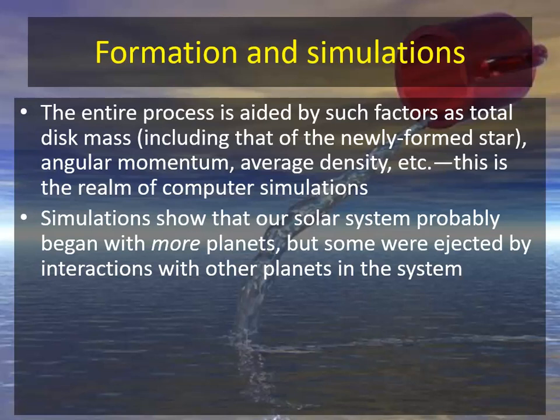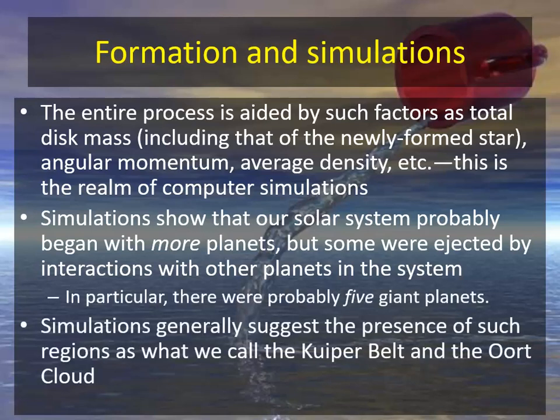Now, one of the results that we get from these computer simulations is we believe that our system had more planets initially. In particular, we think we probably had at least 5 giant planets, and that one of these was ejected or collided with another planet due to these interactions that occurred during our early solar system.